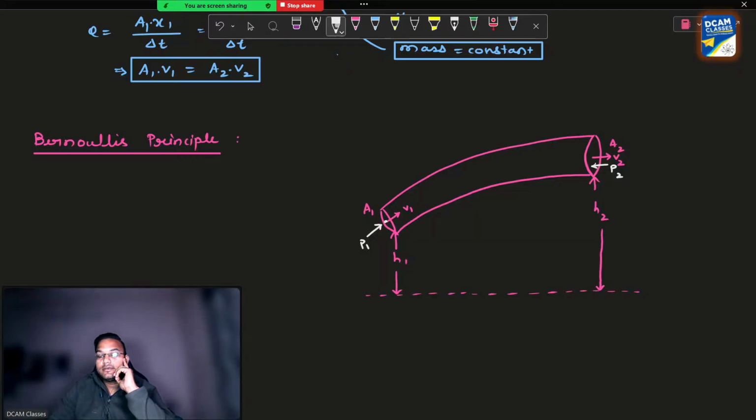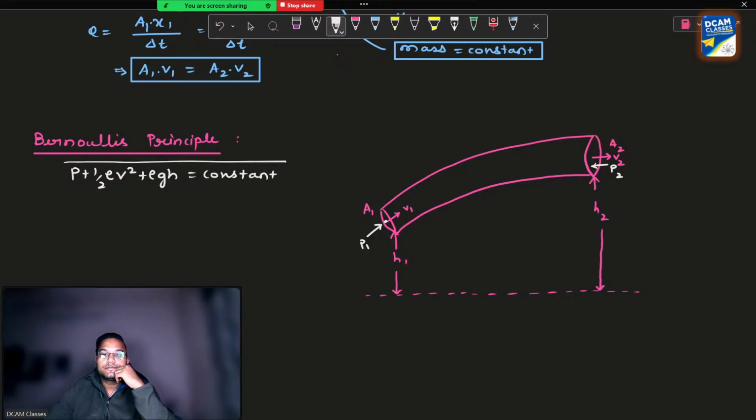Now according to Bernoulli's principle, what they say is, P plus half rho V square plus rho g h is equal to constant at every point in a fluid. What's the meaning of this?